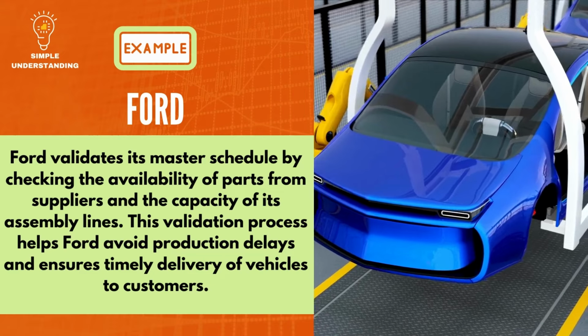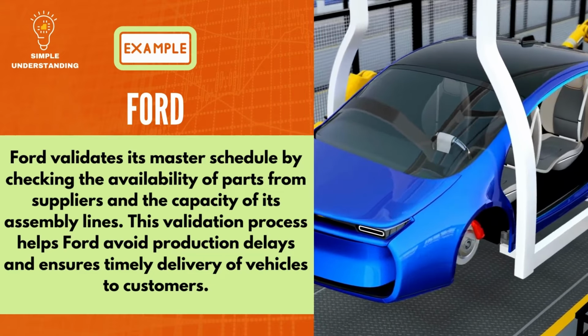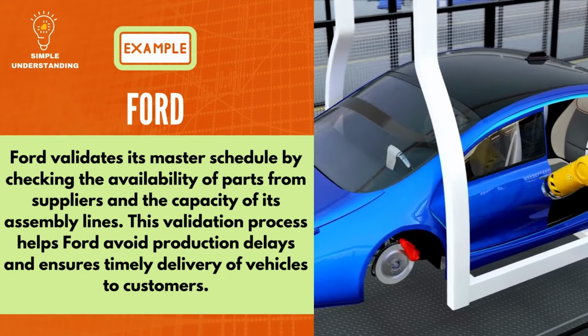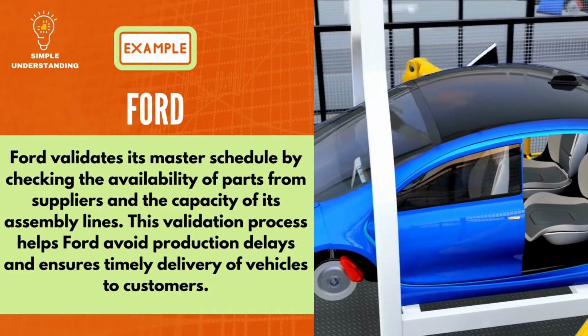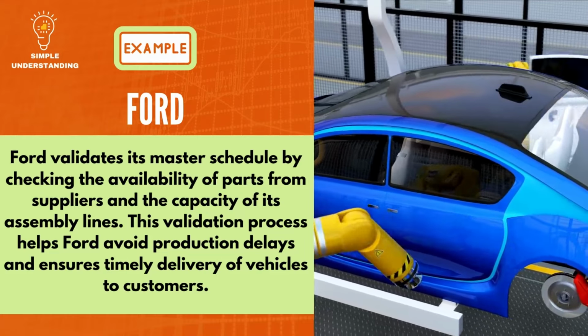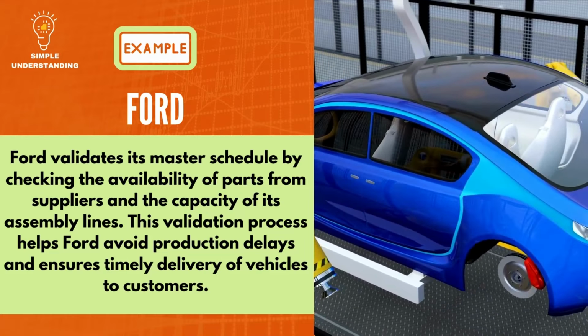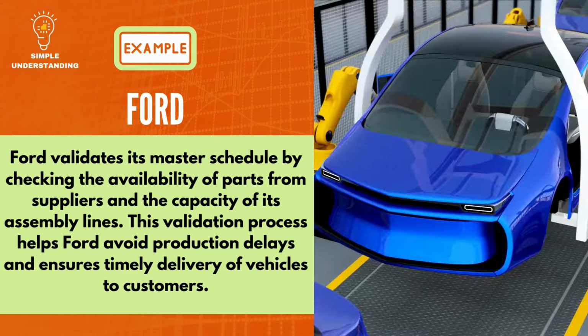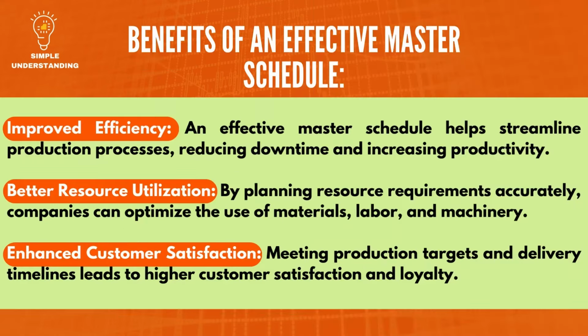Example: Ford. Ford validates its master schedule by checking the availability of parts from suppliers and the capacity of its assembly lines. This validation process helps Ford avoid production delays and ensures timely delivery of vehicles to customers. 4. Benefits of an effective master schedule. A. Improved efficiency.